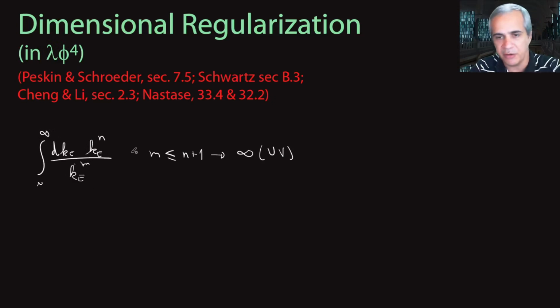Once you go to spherical coordinates, you get some power here that depends only on the dimension of space-time, right? In our case, it was momentum to the cube, right? And of course, in some particular theories, you have more powers of momentum in the numerator. You can think fermions, for instance, they have some powers there. But if you want a method that you can apply to any theory, right, there's no way to lower the power in the numerator unless you mess with the dimensions of space-time, right?